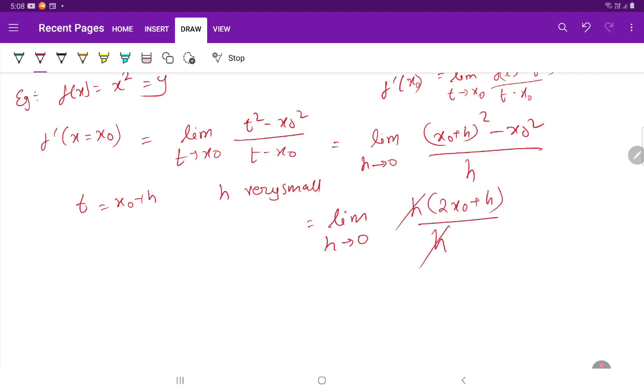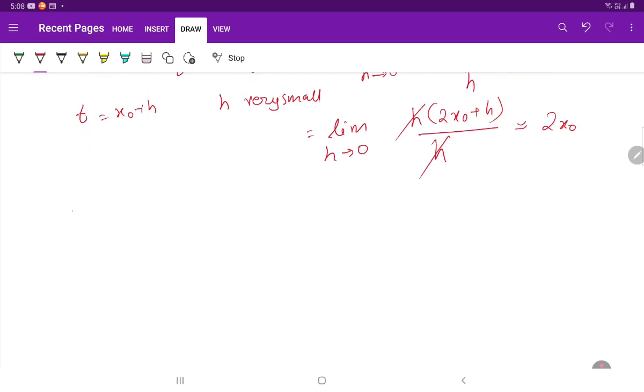Cancelling the h, and since h is a very small quantity, you can almost write it as 2 x naught. So we can say that d by dx of x square is equal to 2x for any x.